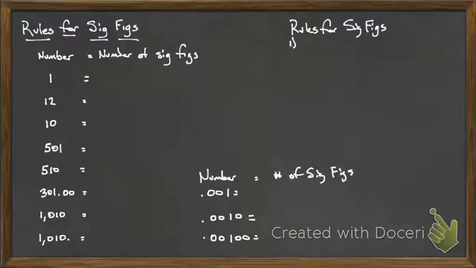I'm going to try to go through this like it was done in class, building the rules for significant digits. The number on the left would be a number that was given in a question or calculation. The first number is 1, which has one significant digit. The number 12 has 2 significant digits.